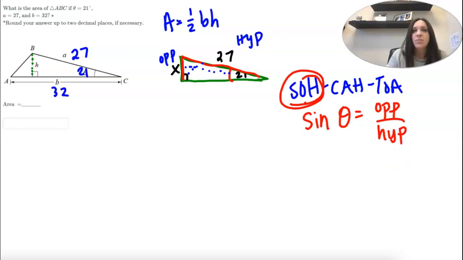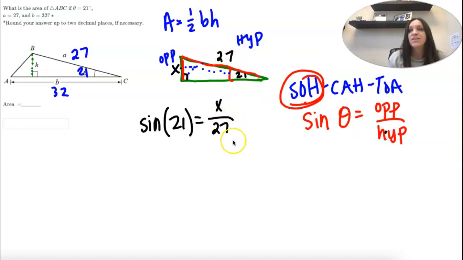Okay, so let's set up our equation. Sine of theta, theta's the angle, that's 21, equals opposite x over hypotenuse, 27. So now we're going to solve for x. To get rid of a fraction, you always multiply by the denominator.